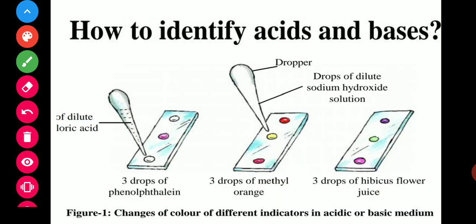Now, how can we identify acids and bases? You can see here there are three steps and three round circle points.